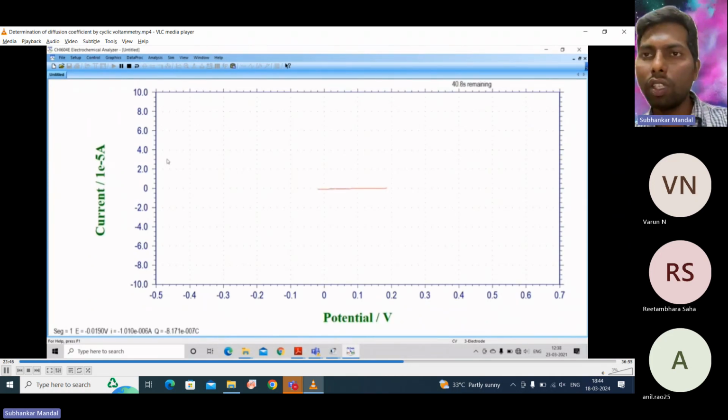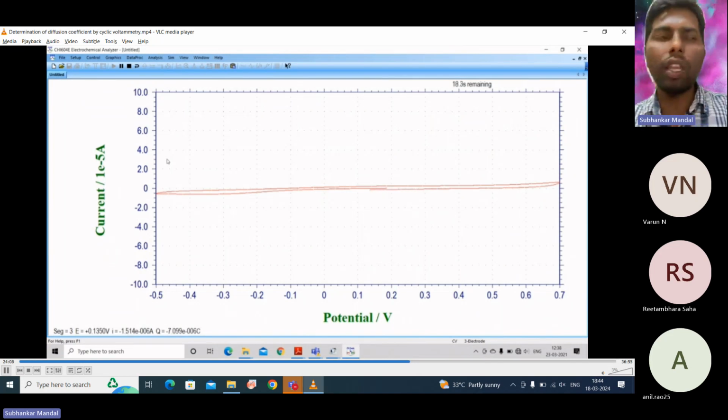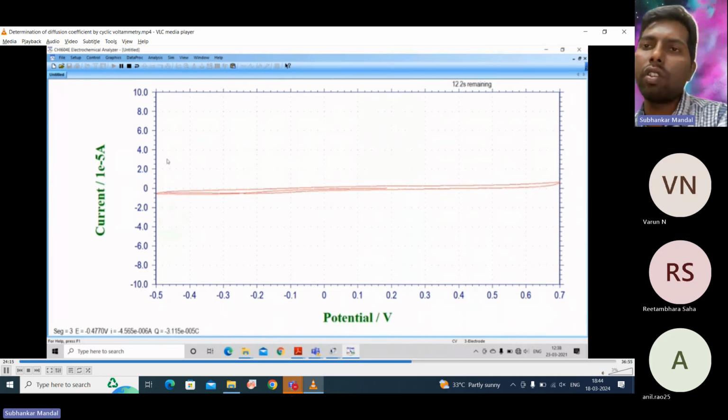Here you can see the current versus potential curve is showing, and as it is only the supporting electrolyte, that means there is no redox active species, so it is showing a straight line. And here the time value is showing how much time it will take to complete the reaction.